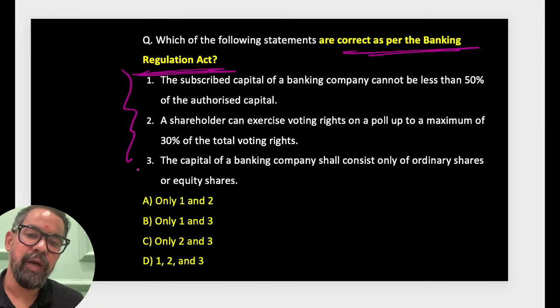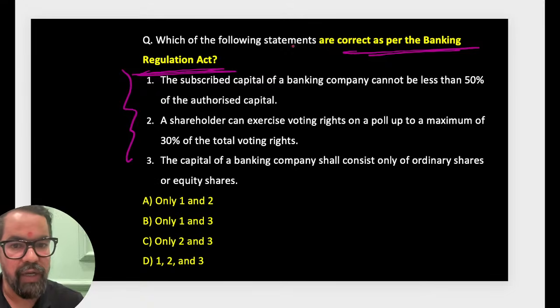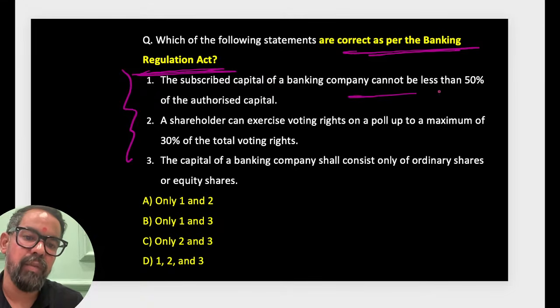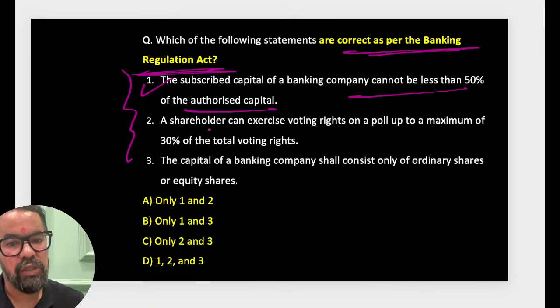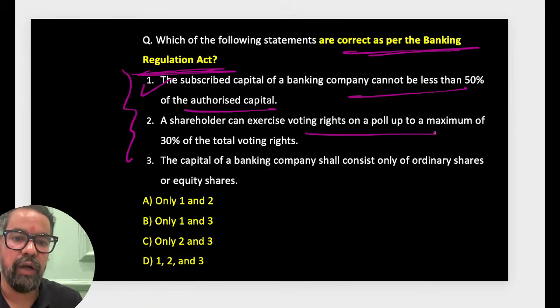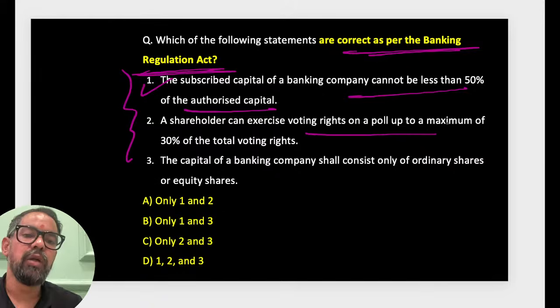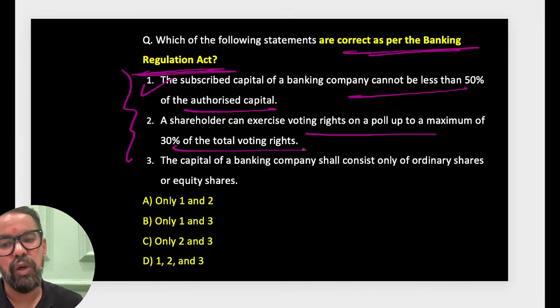So what will be your correct answer, guys? What we have to find out is the correct statement related to the BR Act. The subscribed capital of a banking company cannot be less than 50% of the authorized capital. The shareholders can exercise voting right on a poll up to a maximum of 30% of total votes.